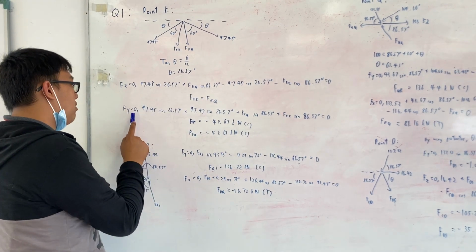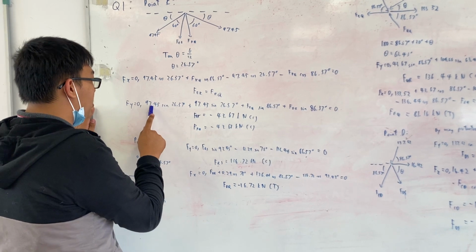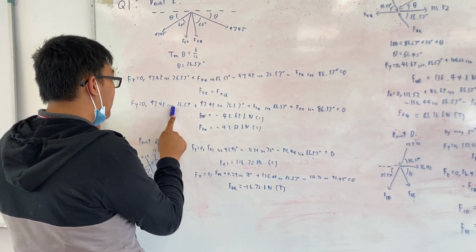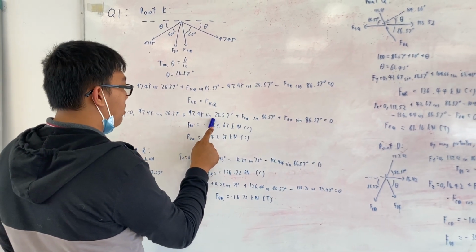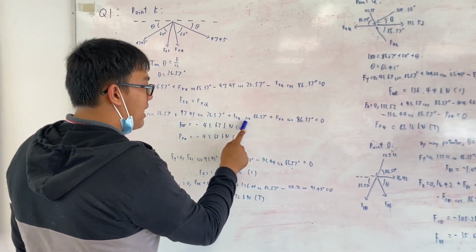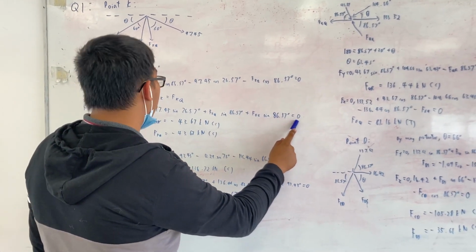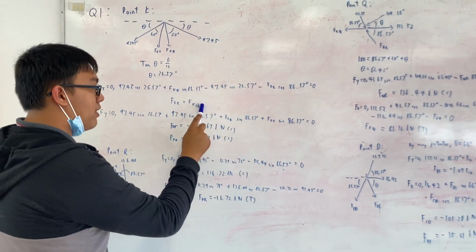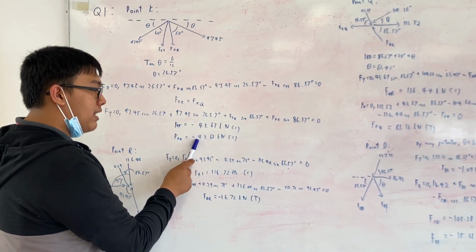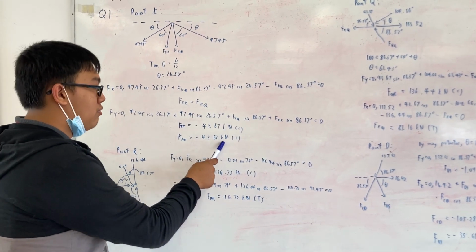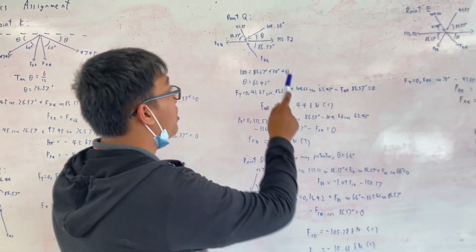With this, we can use it in the Fy calculation, which is 97.45 sine 26.57 plus 97.45 sine 26.57 plus FKQ sine 86.57 plus FEK sine 86.57 equals to 0. From this and this, we can determine that both FEK and FKQ are equal to negative 46.67 kilonewtons, which is a compressive force.